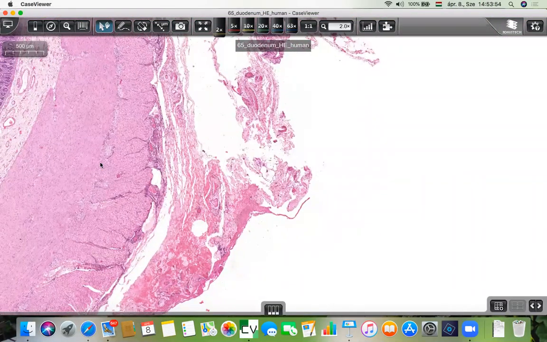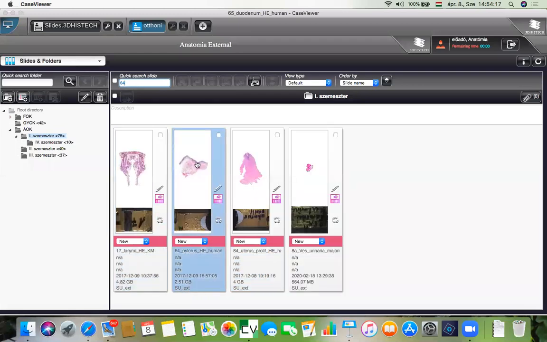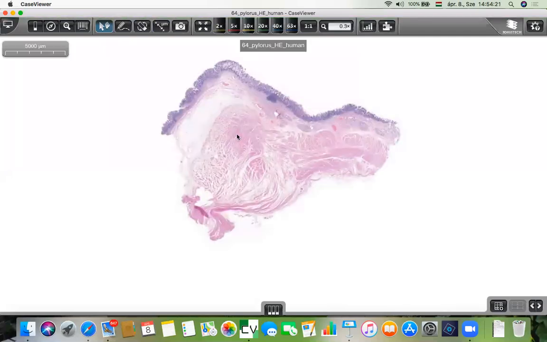Okay, then let's see our other slide. We see the duodenum, but we have a section about the pylorus as well. That's slide 64.